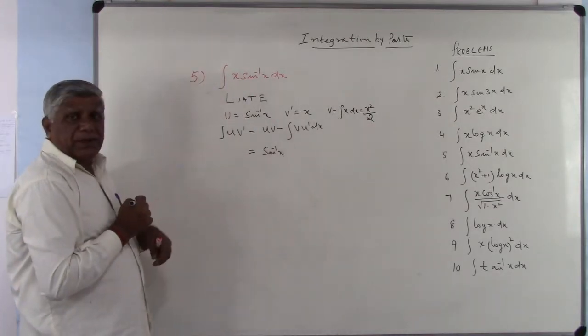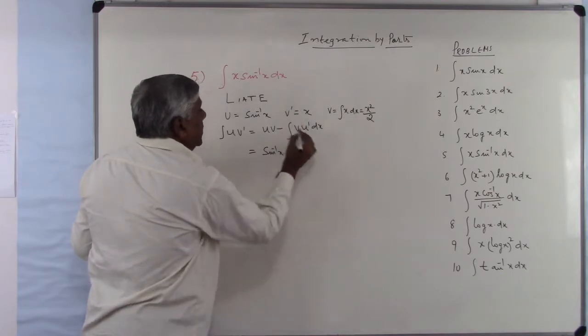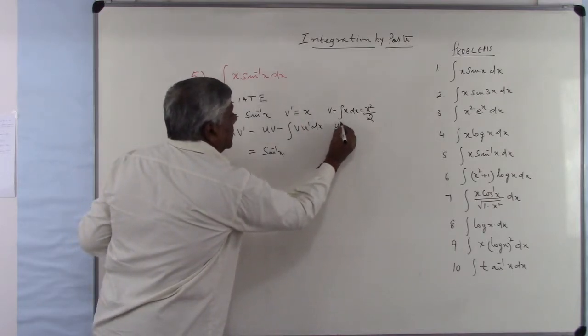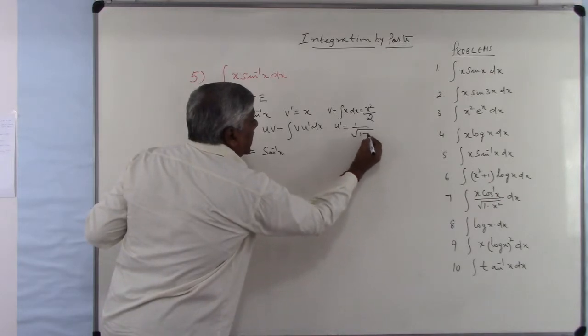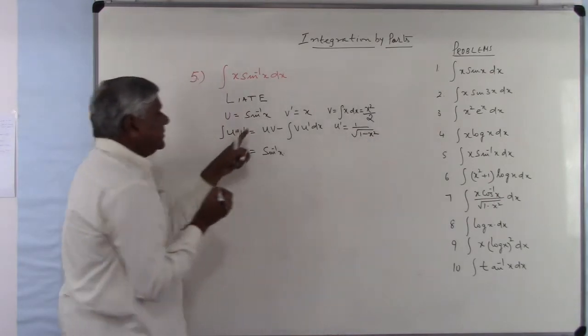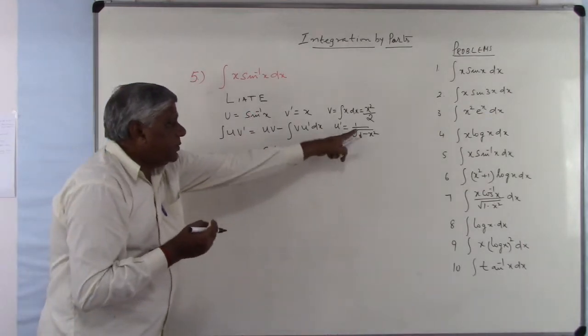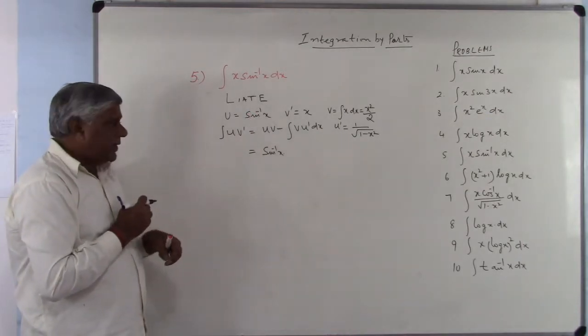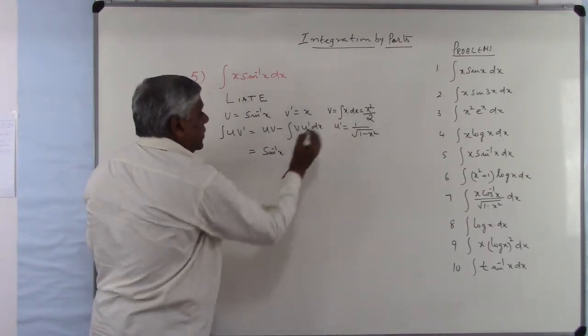Now here u dash we have to write, u dash is equal to 1 over root of 1 minus x square, because differentiation of sine inverse x with respect to x is 1 over root of 1 minus x square. Therefore, v is what? x square by 2.